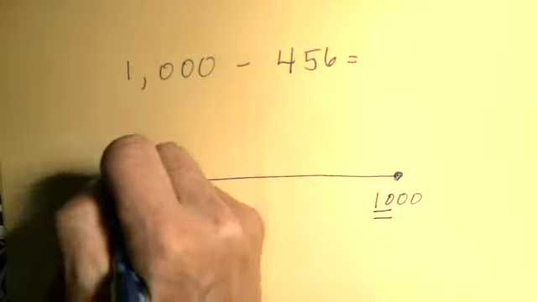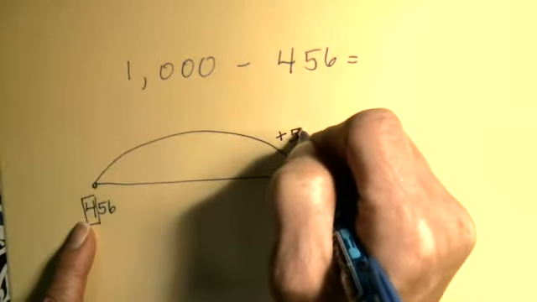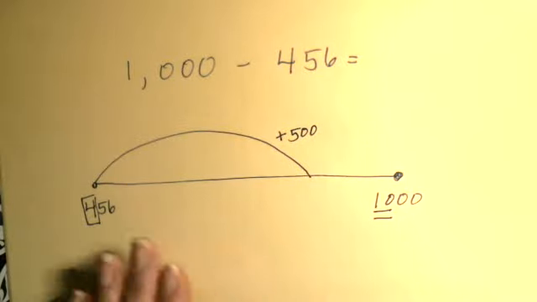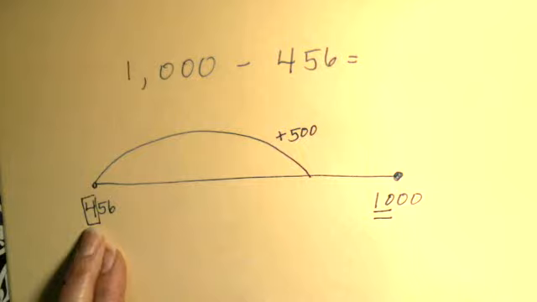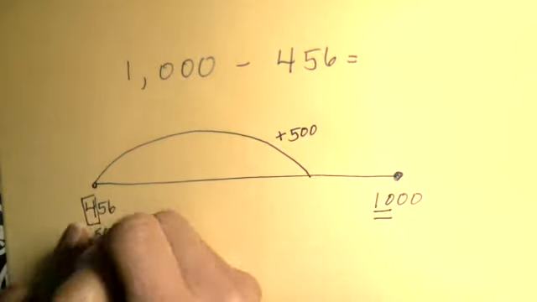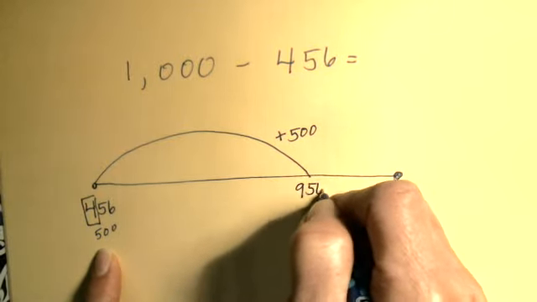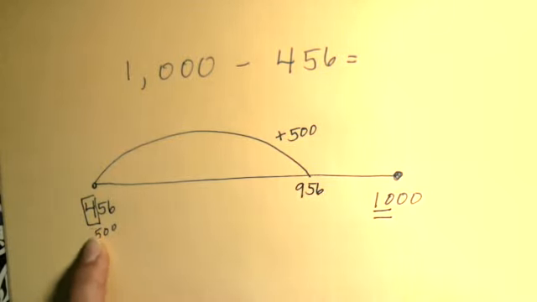So I can add 500. Remember, we're going to try to add as much as we can each time to get as close to the answer. So when I add 500 to 456, it would be 956.